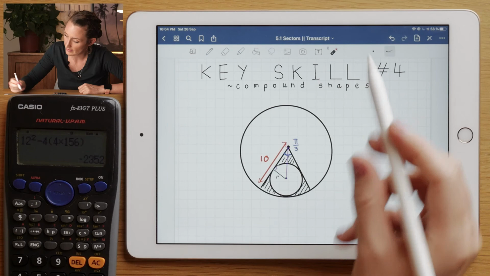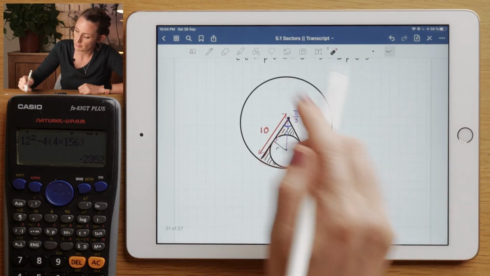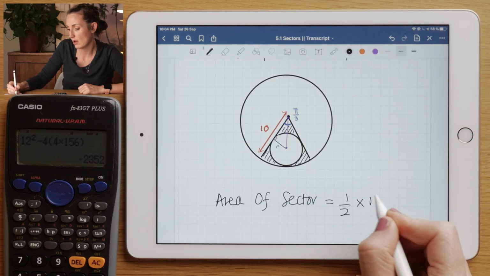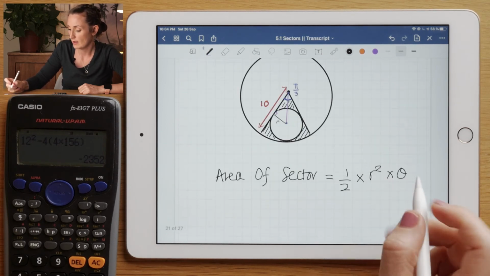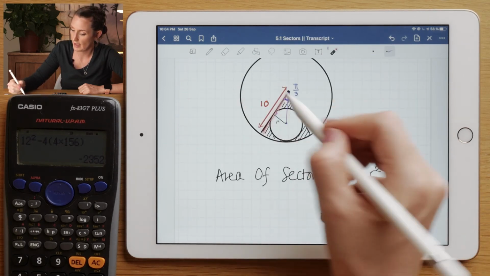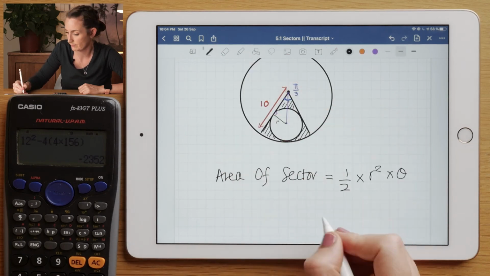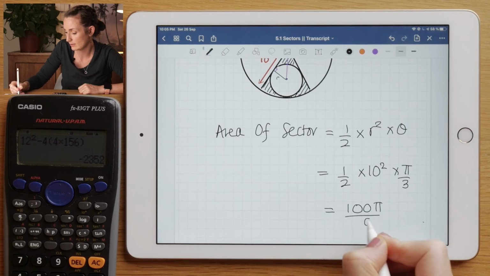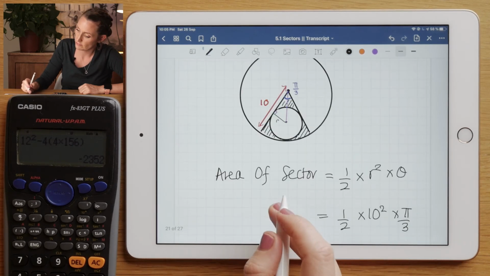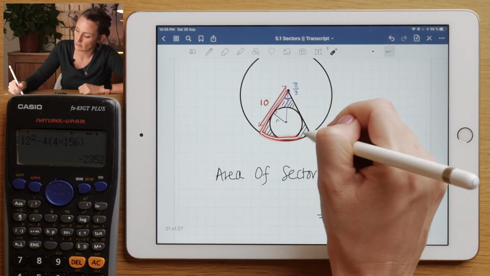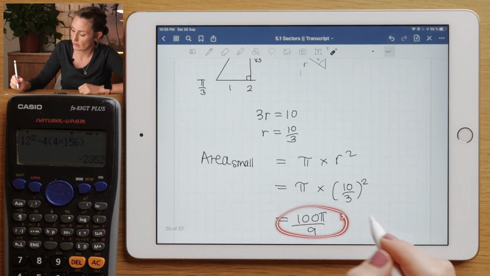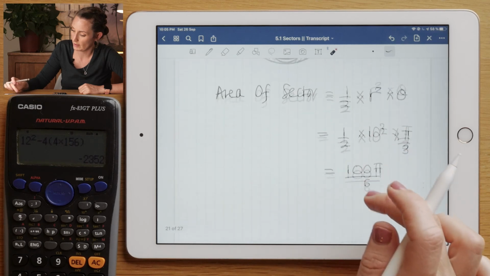The area of this sector here is going to be equal to 1/2 times r squared times theta. Now, the radius of the sector would be 10 and theta would be pi over 3, which would be 100 pi over 6. So then the shaded area would be the area of the sector, 100 pi over 6, subtracted with the area of the circle, 100 pi over 9.